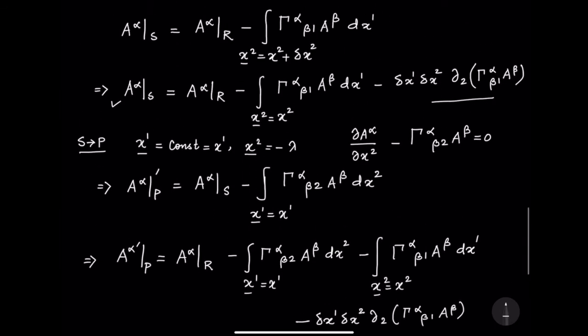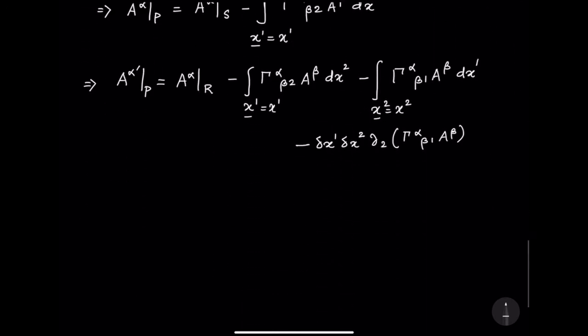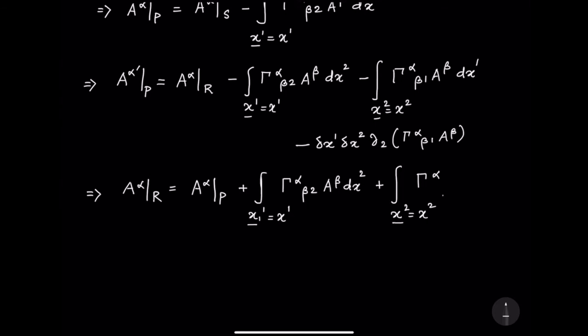And A alpha R we wrote down here in terms of A alpha P, so you can make the loop closed. So let us write A alpha R in terms of A alpha P here, because otherwise it will be a very long expression. These two are just equal and opposite of what I have before. Then I will have delta x1, delta x2, del 1 now.